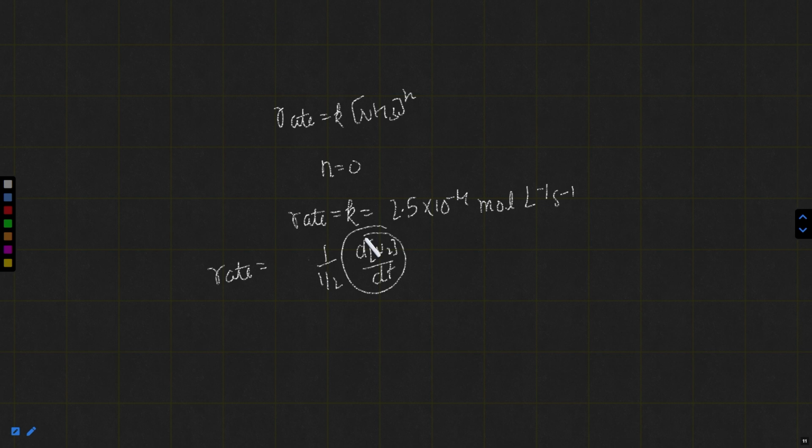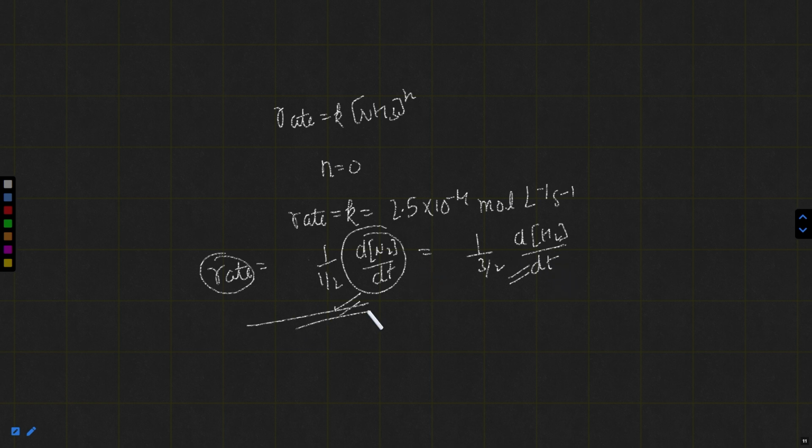This is our rate of production of N2. Similarly, for H2 it will be 1 by 3 by 2 and dH2 by dt. Now equate each of these terms individually with the rate and you will get your rate of production of N2 and H2. Is it clear?